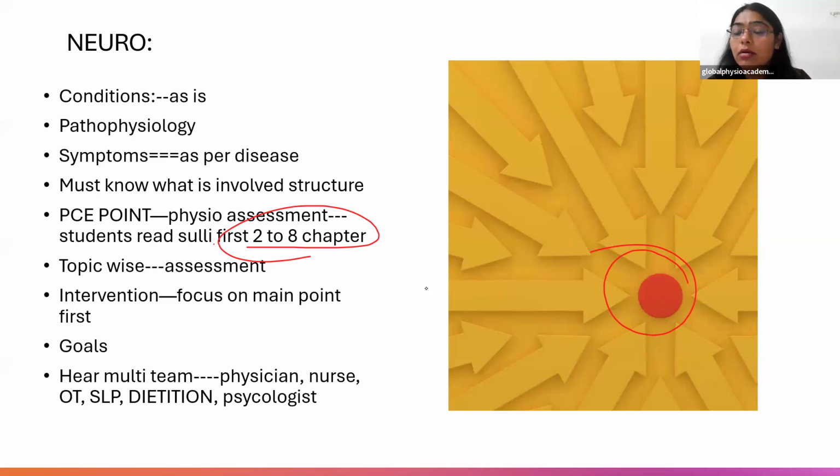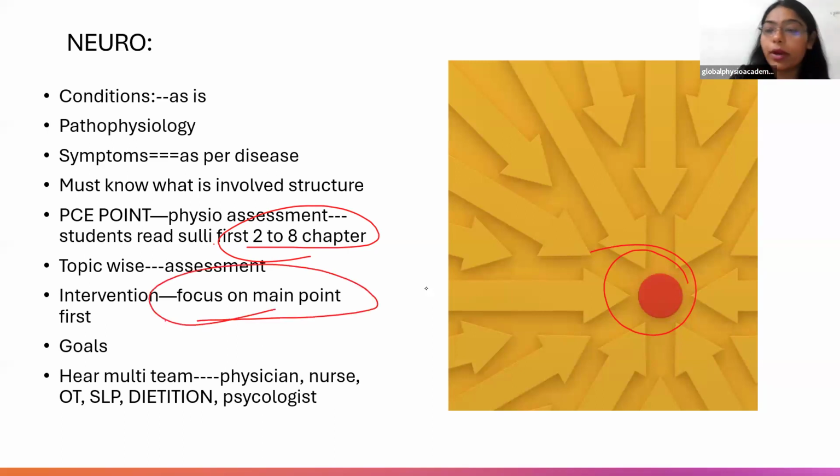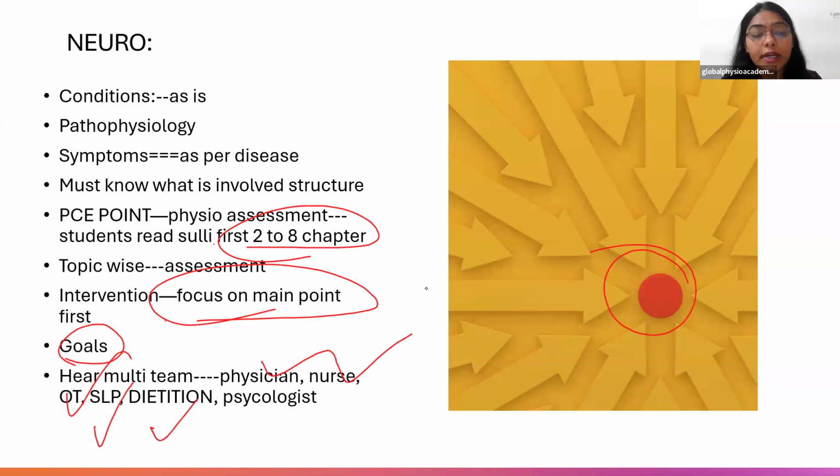Parkinson patient, initially on dopamine, they are completely back to neutral, then gradually deteriorating, end up in the hospital, and then end up with pulmonary problems. So intervention, focus on the point. Goal here, multi-team approach: physician, nurse, OT, occupational therapist, speech language pathologist, dietitian, psychologist. I didn't put all the names, neurosurgeon and others are there.